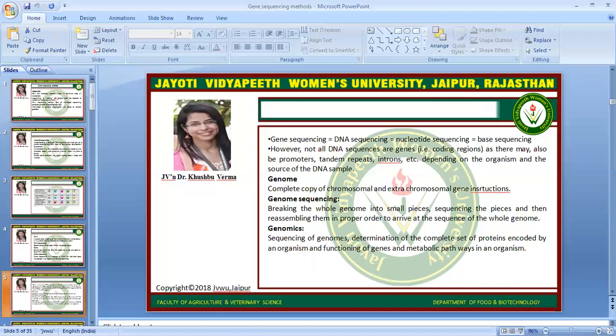Sequencing of genomes, determination of the complete set of proteins encoded by an organism, and functioning of genes and metabolic pathways in an organism. So these are some terms which we should know before starting this session, and that's why I'm giving the definitions of these important terms.